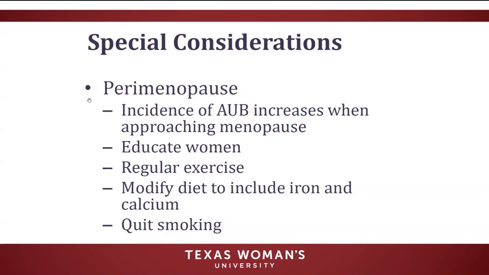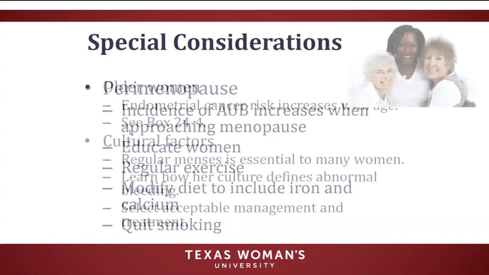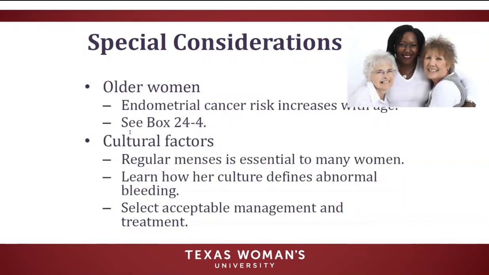If they smoke, or vaping is smoking, they need to stop that for many reasons. Cigarette smoking, tobacco smoking can cause heavier menstrual bleeding. It can also lead to bone loss, and we really need to start to think about and educate about that. For older women, the risk of endometrial cancer does increase with age.